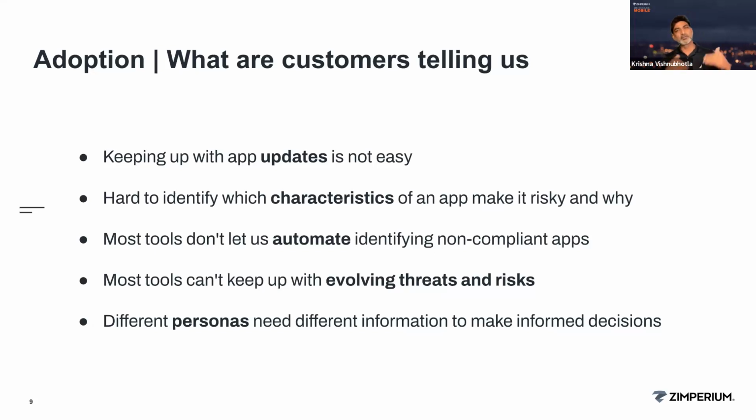And customers over time have told us all these things have kept them from truly adopting or embracing app vetting, right? And we ourselves have had to solve for these things over the years, and we're seeing much better intake. So this is not just about solution, it's also about what can we do as vendors to make this operational, right? Frictionless adoption is also a big part of this.